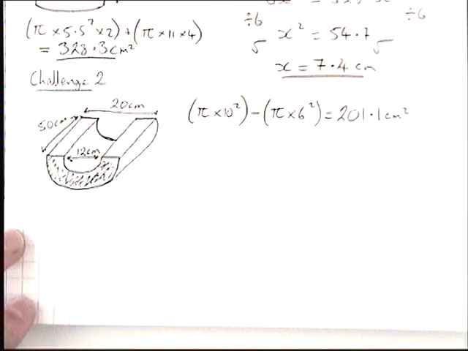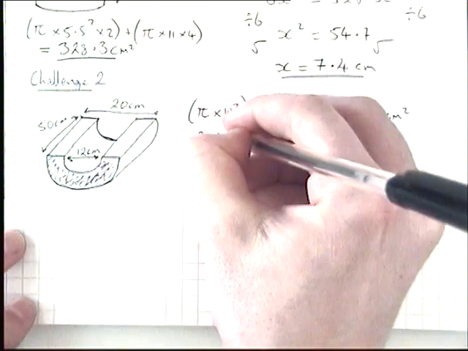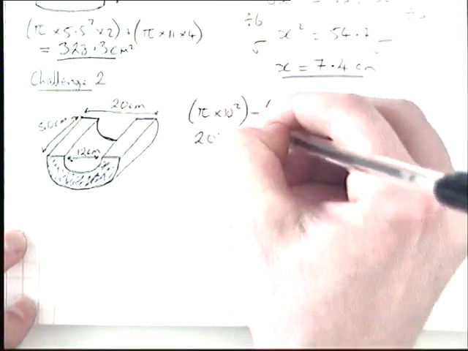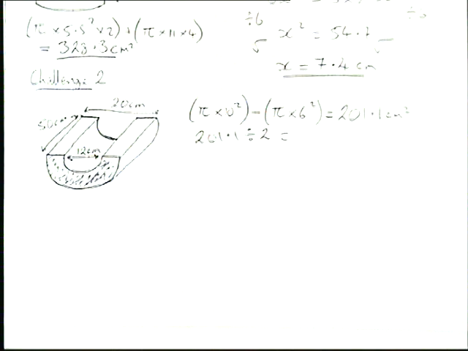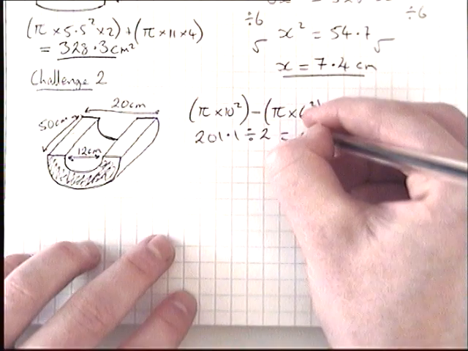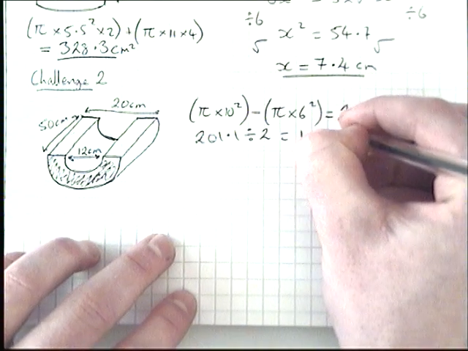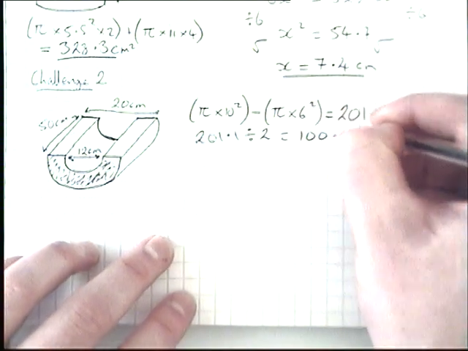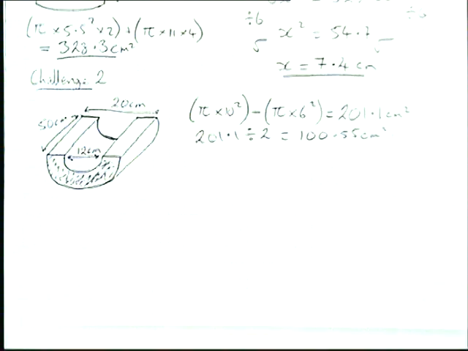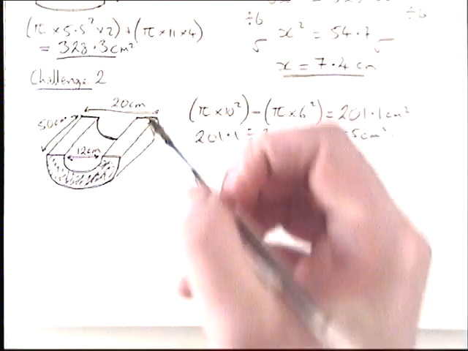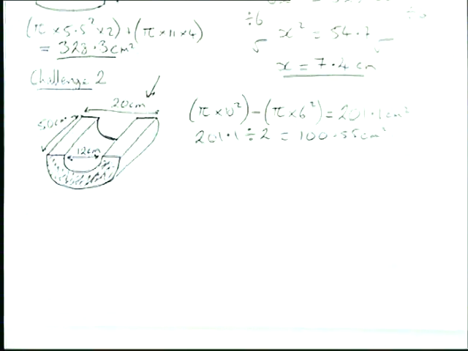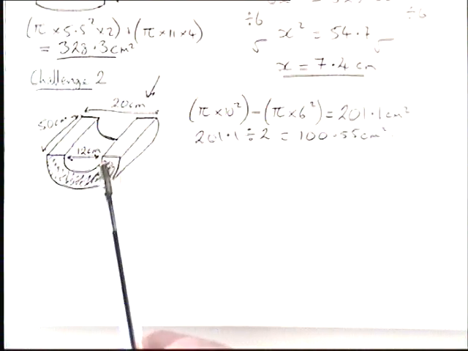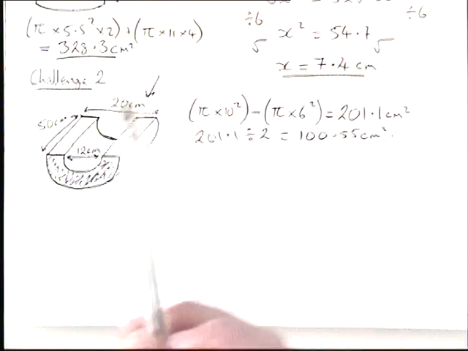But we've only got half, so we're going to do 201.1 divided by 2, which leaves us with 100.55 centimeters squared. However, on the opposite side, we've got exactly the same U shape on the other side.